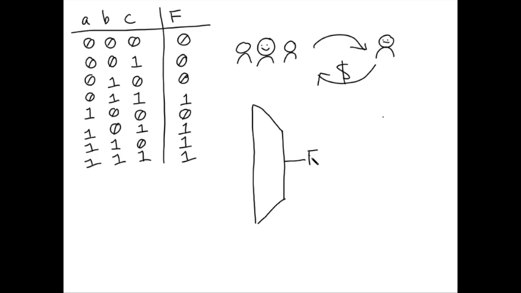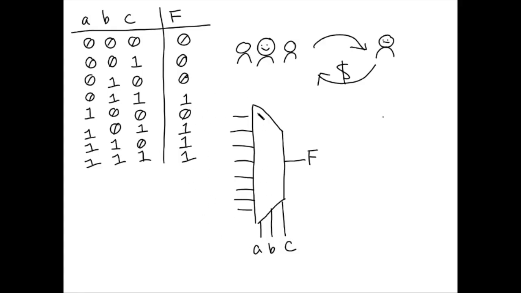So we always have a single output of F, and let's use 3 inputs or select lines, A, B, and C. This will give us 8 possible inputs. All right, so now we need something for these to select.